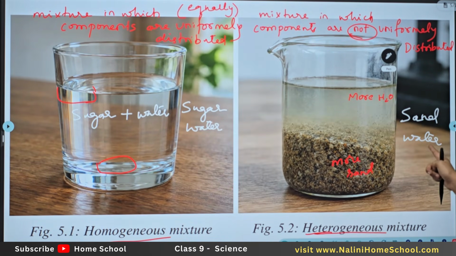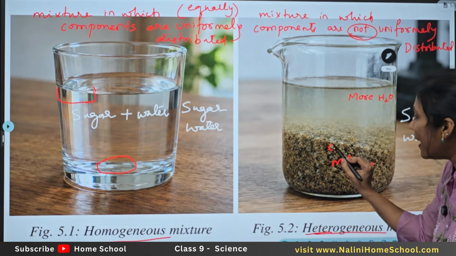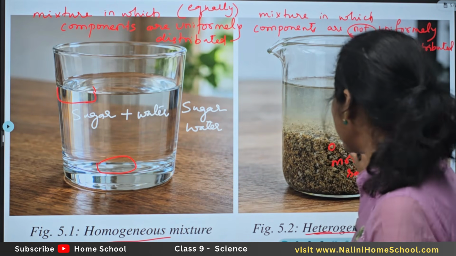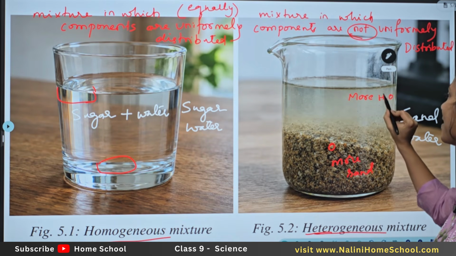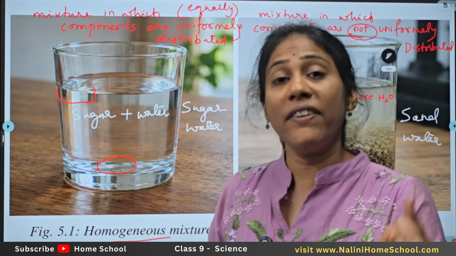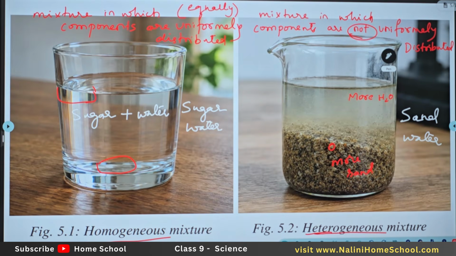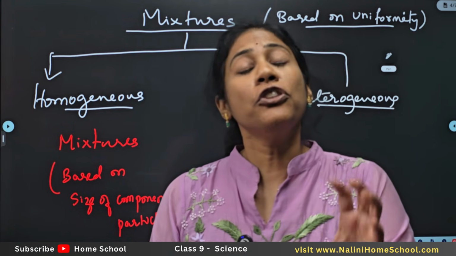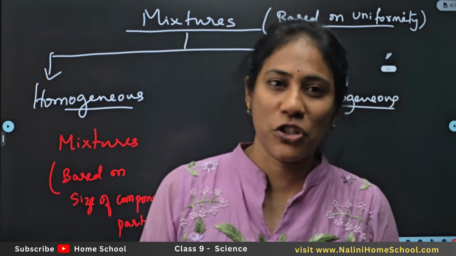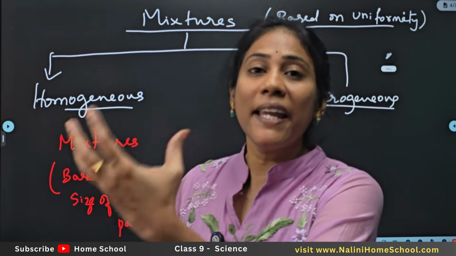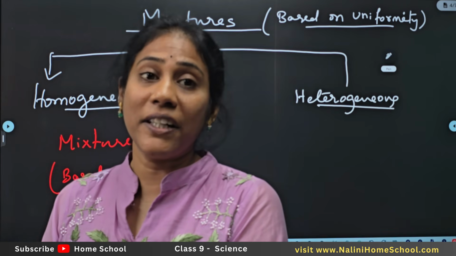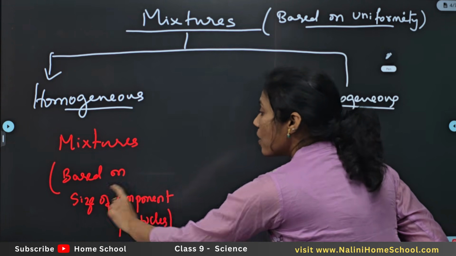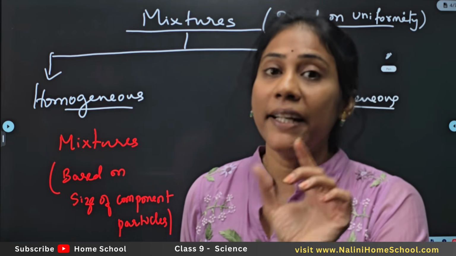If you look at this mixture, the sand particles are really bigger than water particles. The size difference between the sand particles and water particles is very, very huge. So the size of the particles matters a lot when talking about the properties of a mixture. Different mixtures behave and react in different ways, sometimes depending majorly on the size of the component particles.